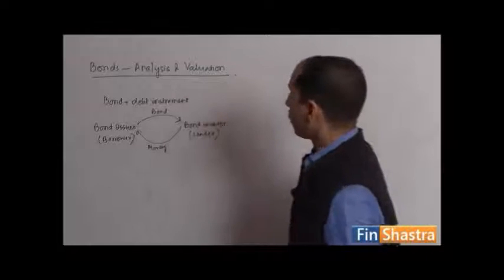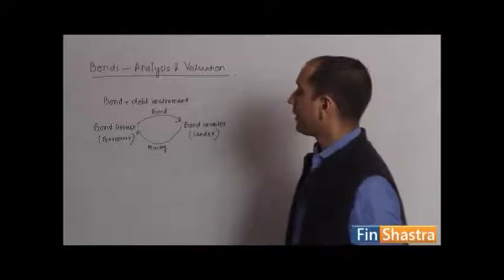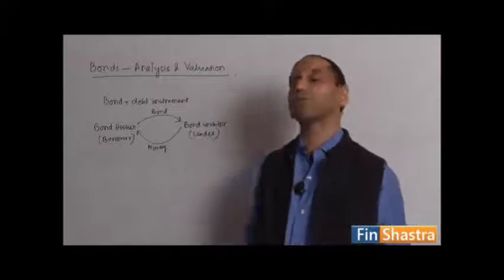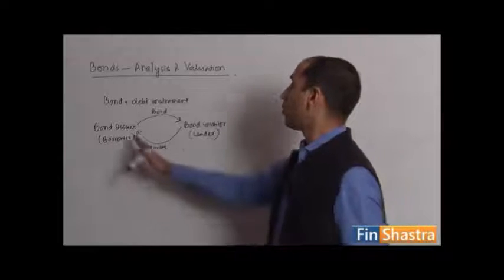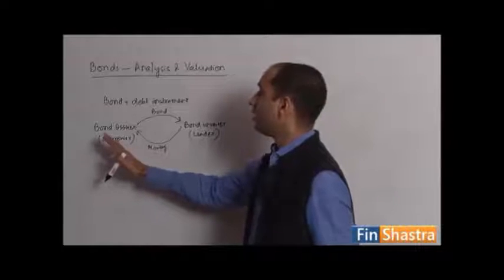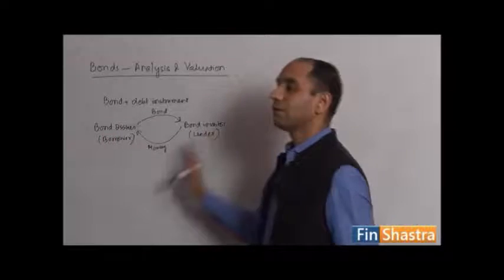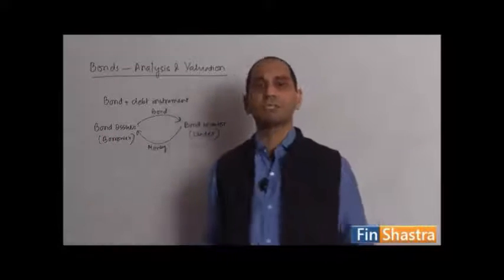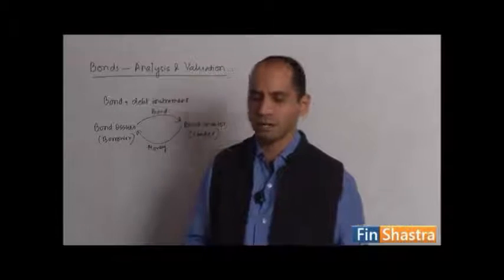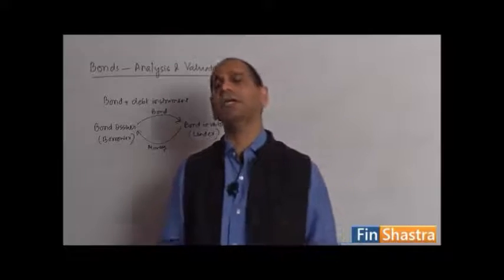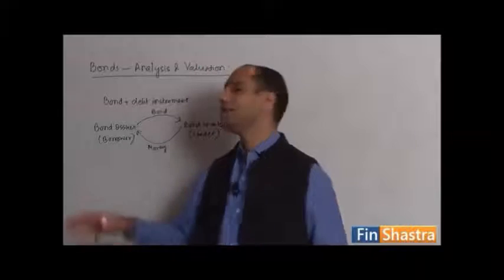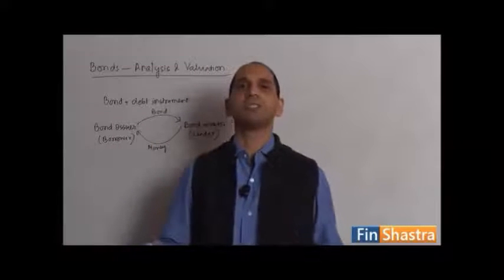Once the issuance has taken place, over the next few years you will see the bond issuer giving back to the bond investor a certain amount of interest, and at the end of a certain period, let's call it maturity, he will repay the initial amount as well, which is the principal.